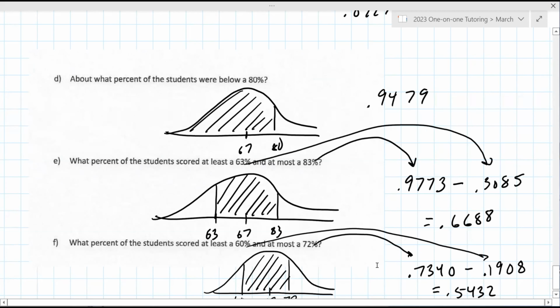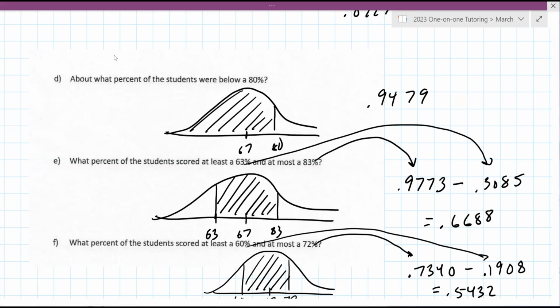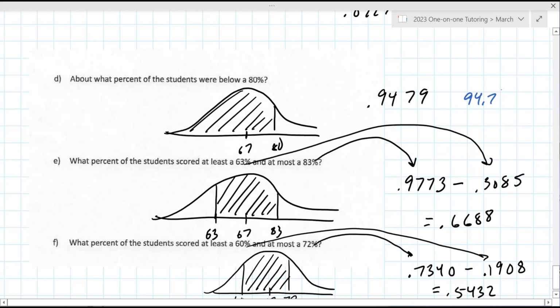Now, one other thing I just noticed is it says about what percent. So we need to convert all these to percentages. So it's 94.79%, 66.88%, 54.32%. And I'm going to check the other ones to see that I didn't fumble those.